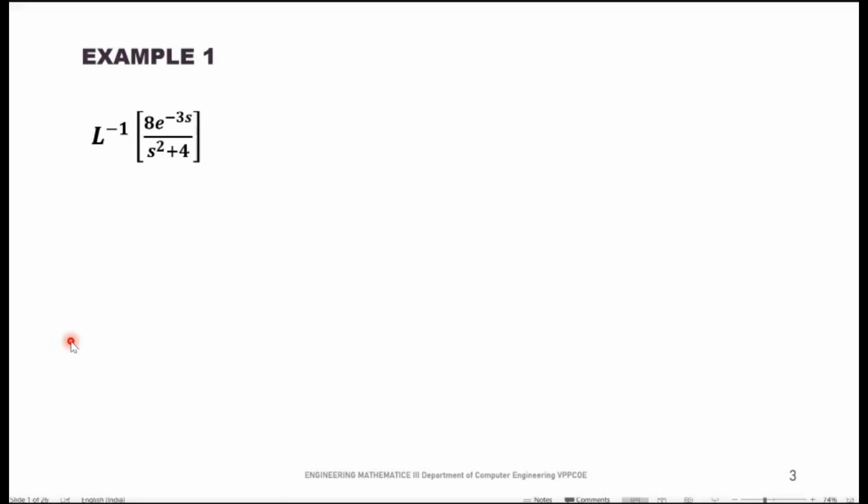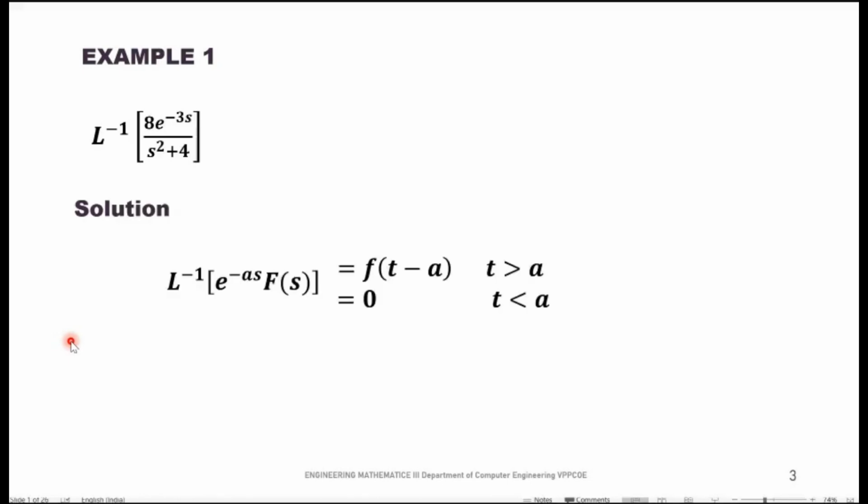So we have to take one function as f of s. So what will be f of s in this problem and what is a? According to this problem, what is the value of a? Yeah, so write the problem again.